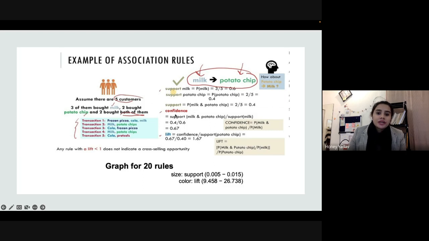So what will be the confidence value? The confidence value will be the support of milk and potato chips bought together, 2, divided by the support of milk. That is basically the association rule, if you remember, in probability. And if we calculate the value of lift with these values, it gives us 1.67. Hence we can say that yes, milk and potato chips are bought together, and they are among the most frequently purchased item combinations in our baskets.